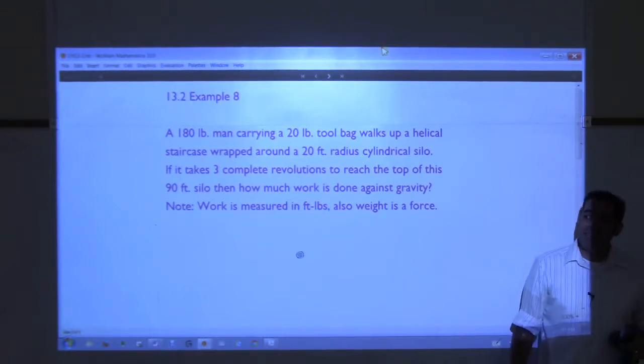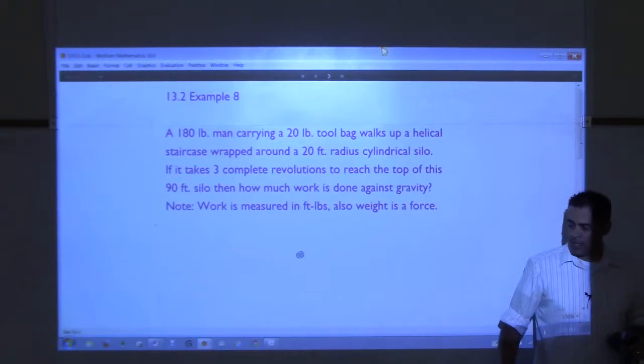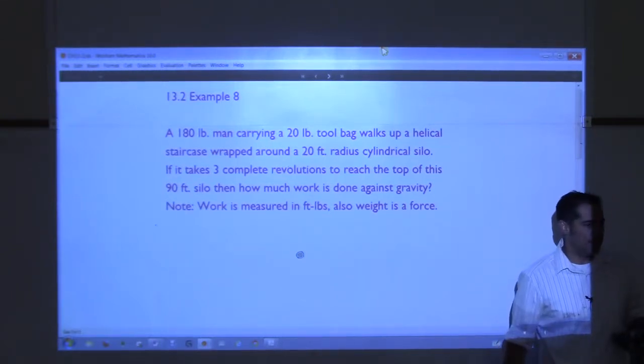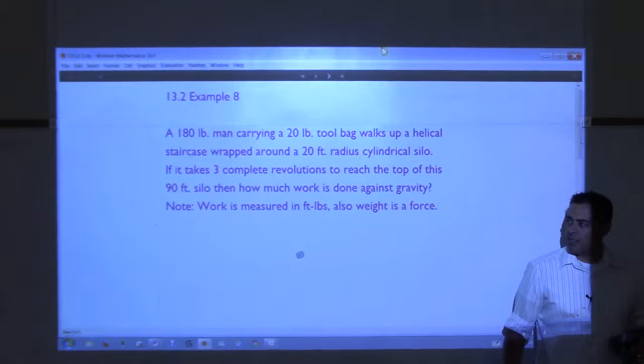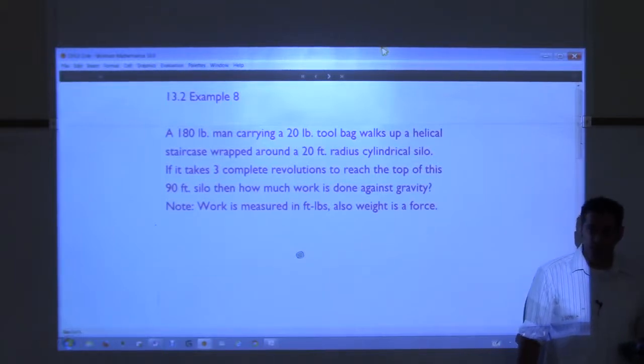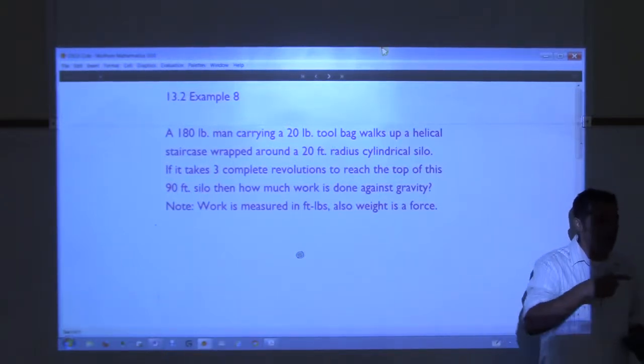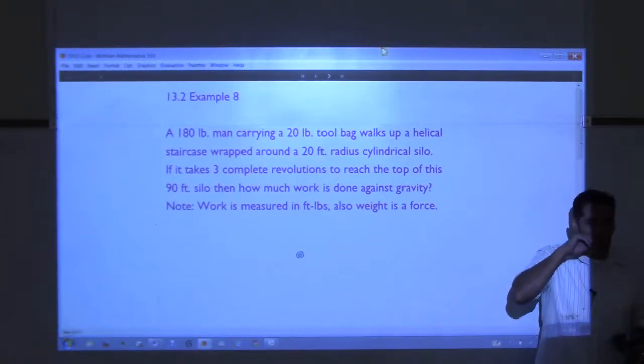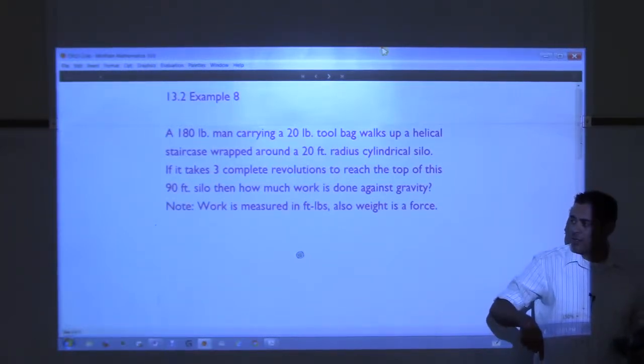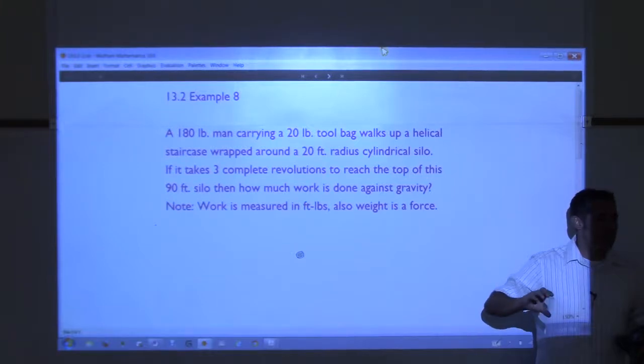And so by the time he gets to the top of the silo, the paint can is empty. Right when he reaches the top, the last drop comes out. So it's like he starts out at the bottom, it's 200 pounds, right? But by the time he gets to the top, he's 180 pounds. So that changes your vector field because it's not 200 always. It's 200 and then it starts tapering off.